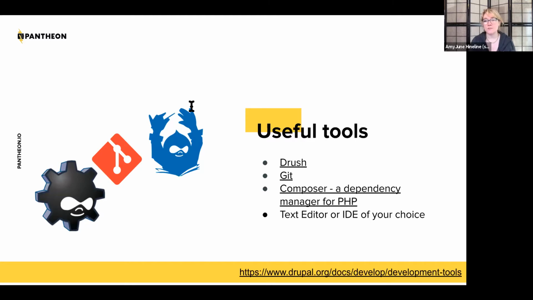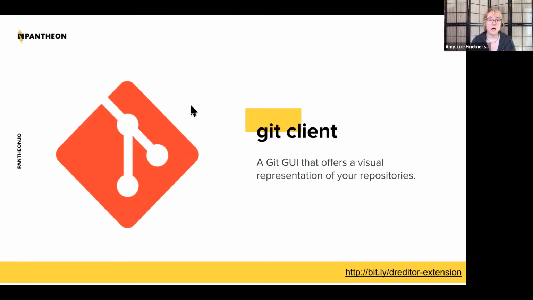And the reason I say this is because tools like PhpStorm and other IDEs add another level of complexity, because now there's another learning curve to set up a project. It's not as straightforward as just using an editor. A Git client is helpful sometimes if you don't have full command of the command line.